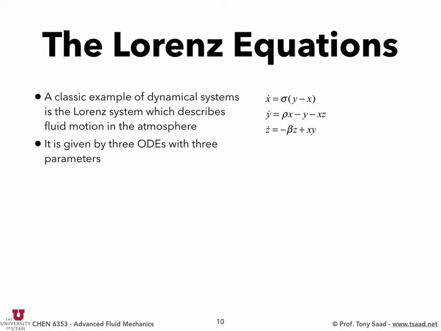X, y, and z are not positions. They're properties. Think of them as velocity components, okay? X is the u velocity component, y is the v velocity component, and z is the w velocity component. But he reduced the system, got rid of all spatial change, and reduced it to a set of ODEs that are only a function of time.